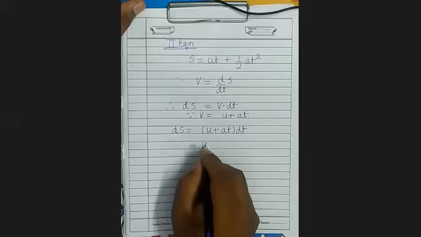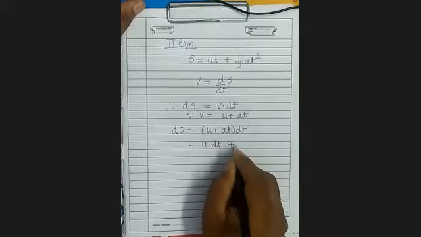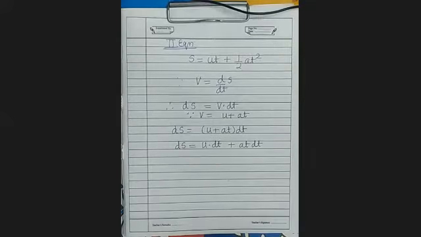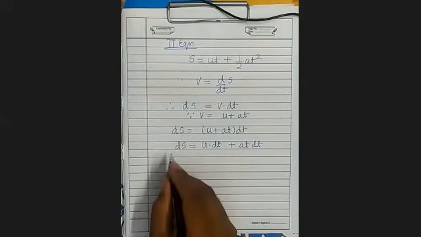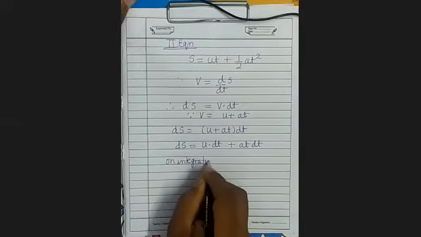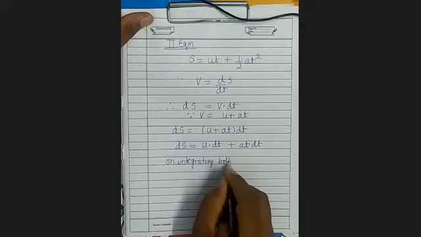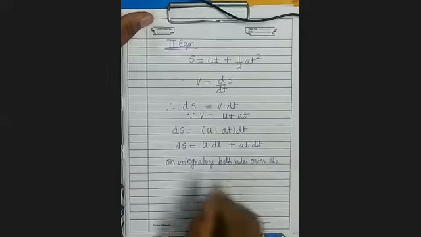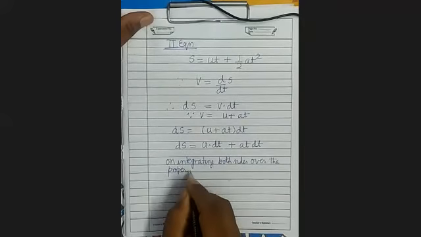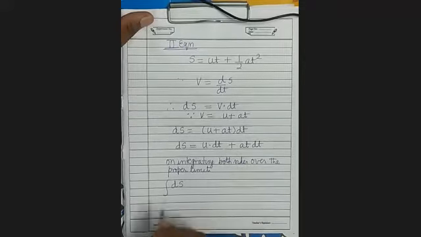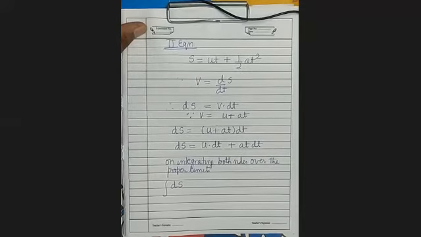That equals u into dt plus at into dt. Now once again on integrating both sides over the proper limits, you can see here, the left hand side will be integrated over the displacement, while the right hand side will be integrated over the time.